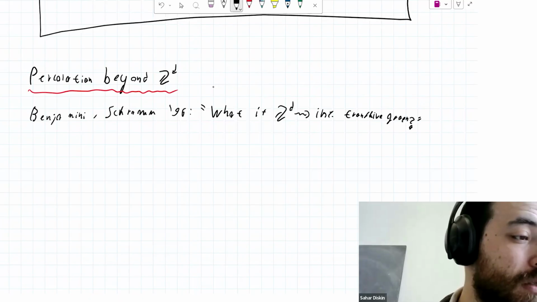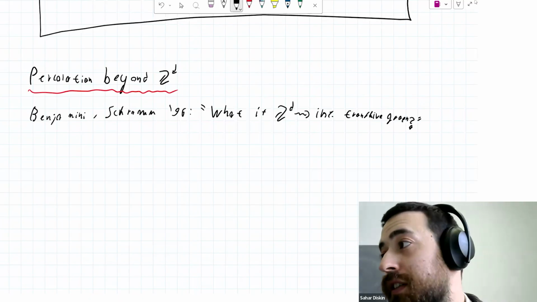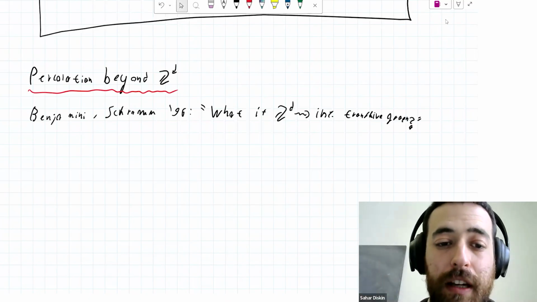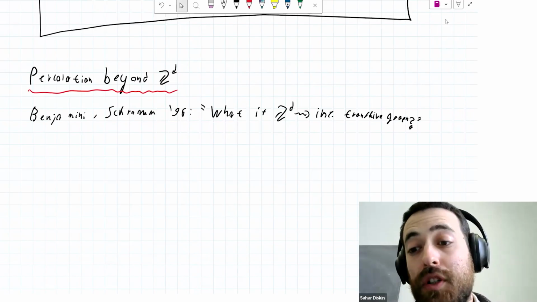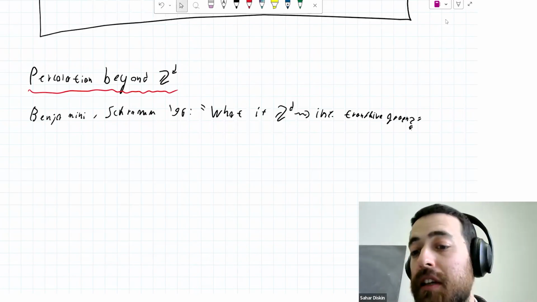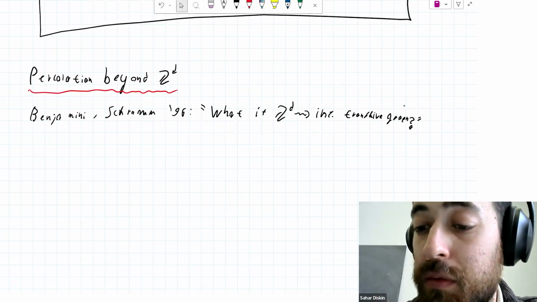And you can ask, why would this be interesting? It is interesting for several reasons. First of all, there is a very deep theory developed for Z^d. The question is, how universal is it? Is it universal for all, say, infinite transitive graphs? That's a very natural question just to begin with.